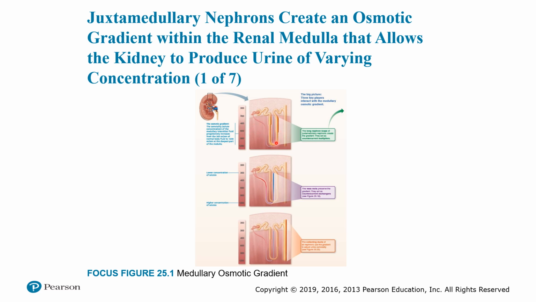We know that the ascending limb is impermeable to water, but it is permeable to solute. So the solute is absorbed, and then also there is active secretion of sodium from this limb. Because of that, the interstitial fluid becomes more salty.